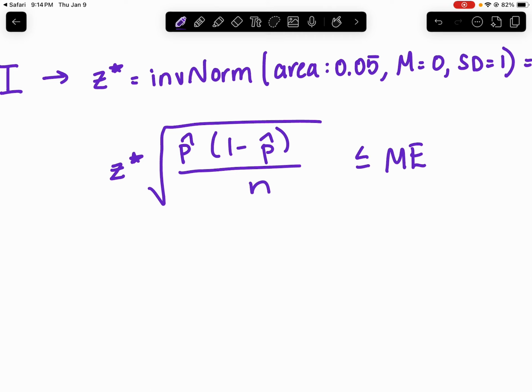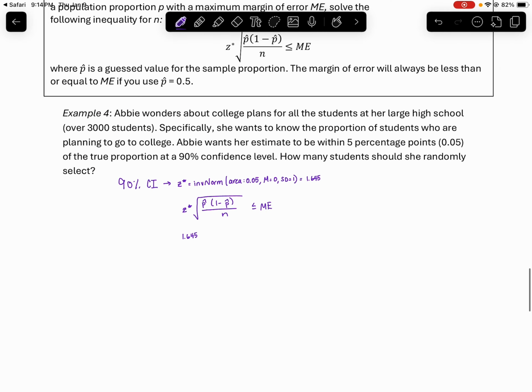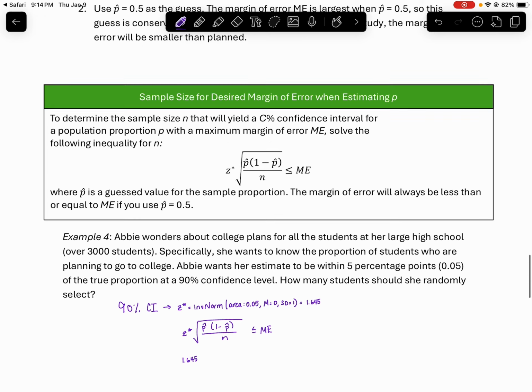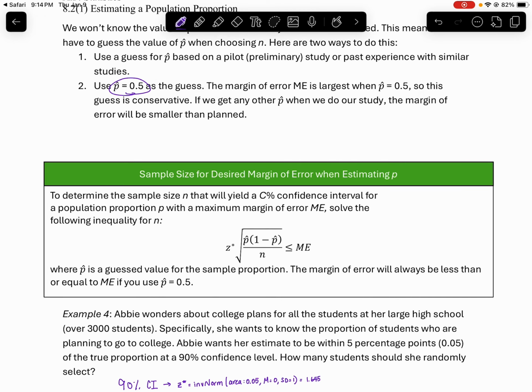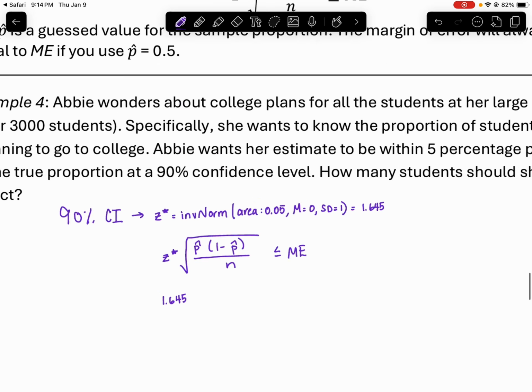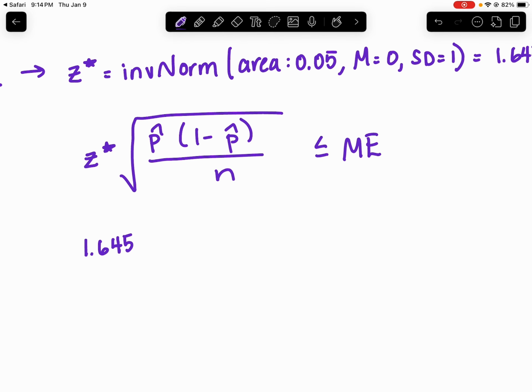So our z star value we just found, 1.645. They did not tell us anything about any previous studies. They didn't tell us anything about our population proportion. So this is one of those times where we have to estimate our population proportion to be 0.5. Okay, so that's where I'm getting this 0.5 from for p hat.